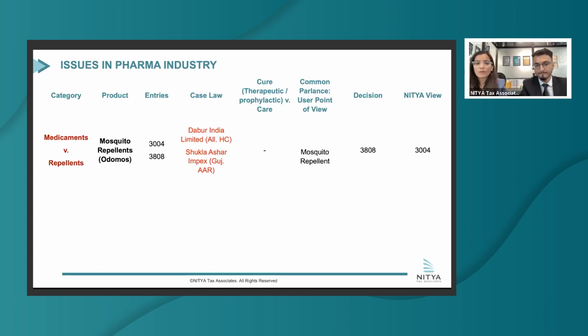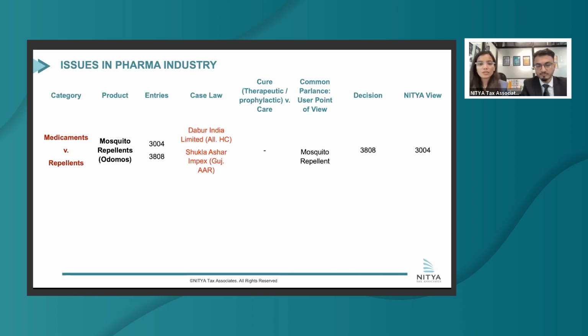And if you want to know why these disputes arise, basically disinfectants or repellents are specifically covered under 3808. But then there is an exclusion to this heading which says that if these disinfectants or repellents have the properties of a medicament, then they will qualify as medicament. So ultimately, the test comes down to whether they have the properties of a medicament.